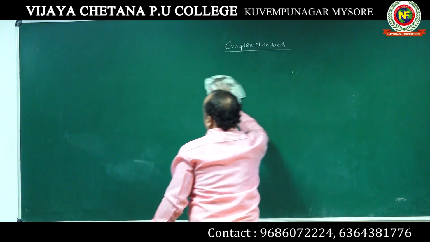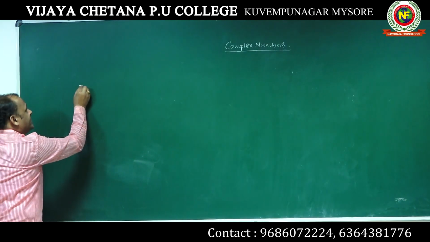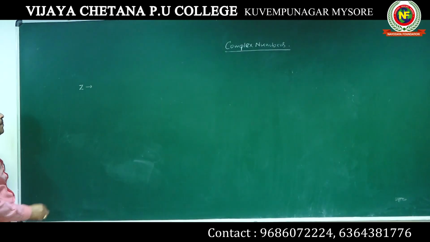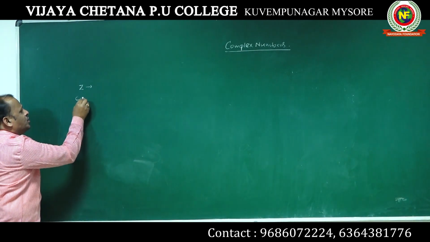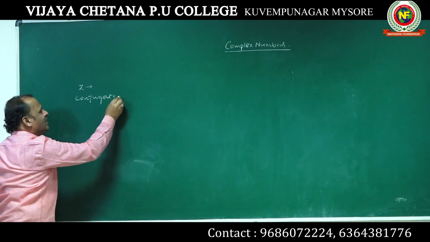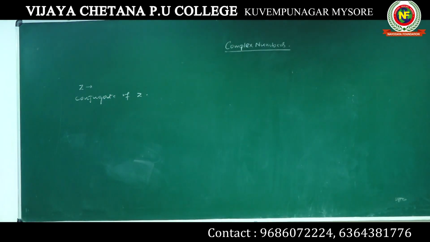Take that. So here Z is the complex number. Now, conjugate of Z. I mean the conjugate form of the complex number.